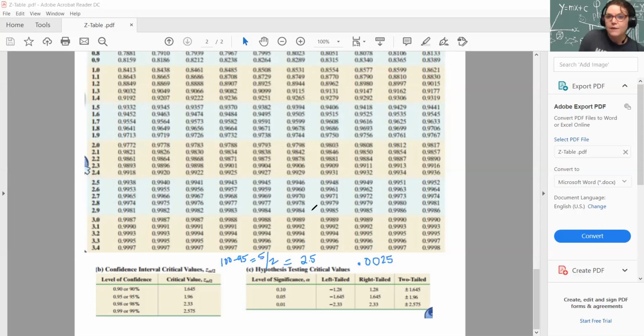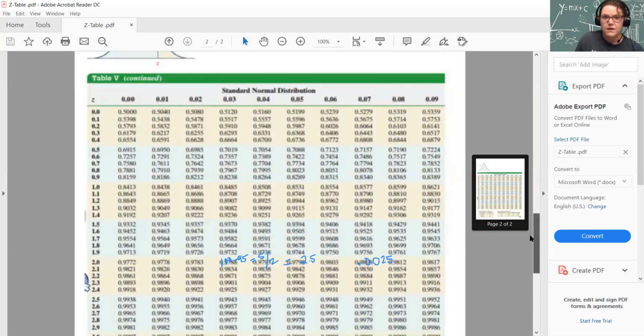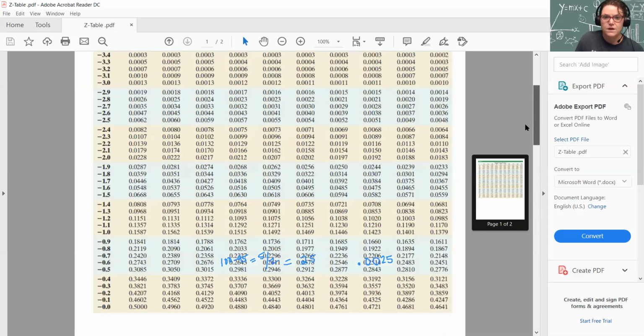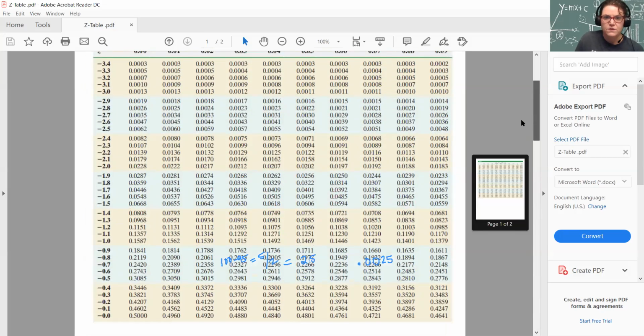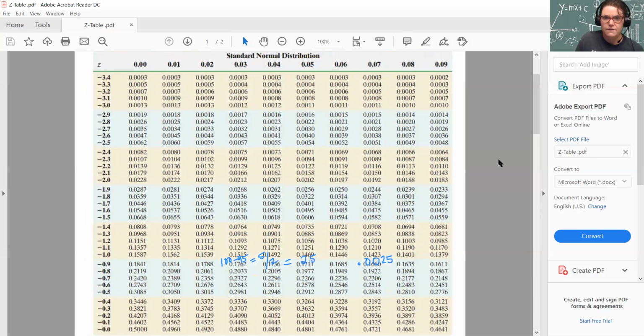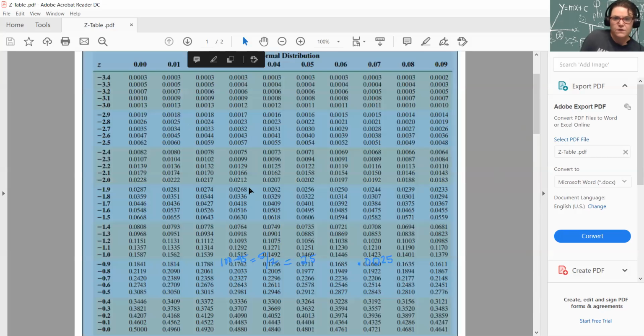So now if I write 2.5% as 0.0025, I am looking for that in the middle of this z-table, which won't be on this page. It'll be on the other page.